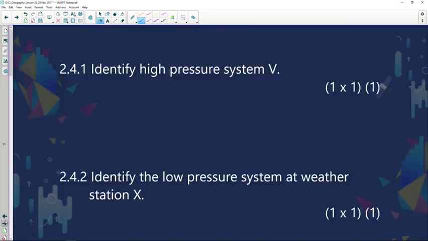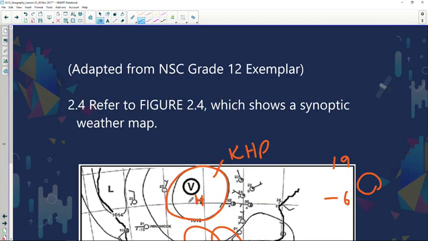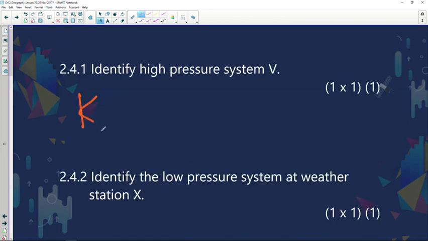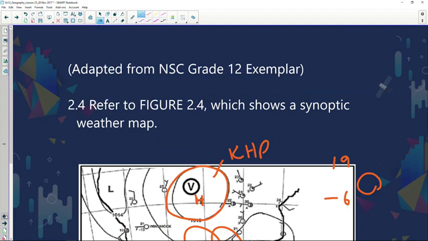Now let's quickly go and have a look at the questions. Identify the high pressure system V. And we've done that. That is known as the Kalahari high pressure system. Identify the low pressure system at weather station X. Now let's just quickly go and have a look at that.